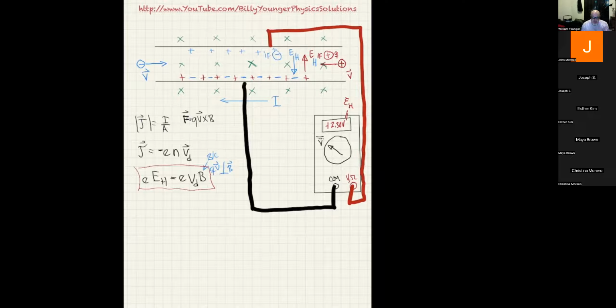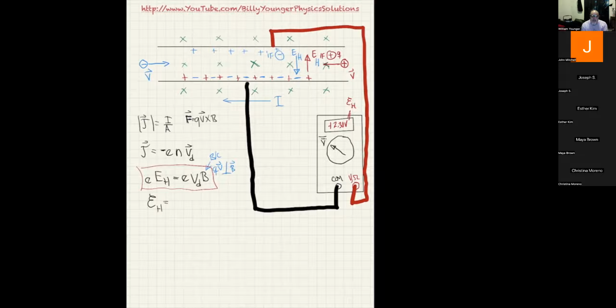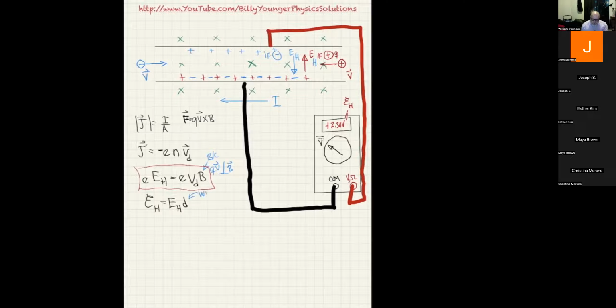So we have that. Now, remember how I told you this looks like a capacitor, and in fact, it behaves like a capacitor, because it turns out that the electric potential, which we call ε_H, is going to be equal to the Hall electric field times the diameter of the wire. Let me take a moment and rewrite diameter.